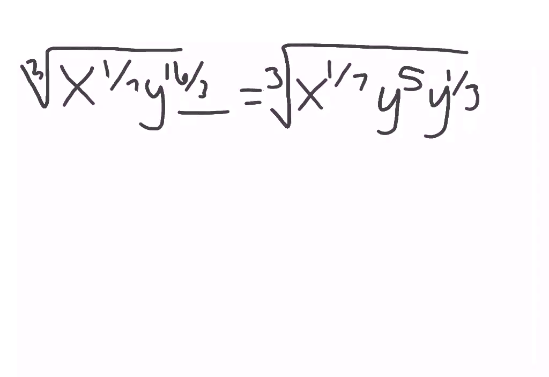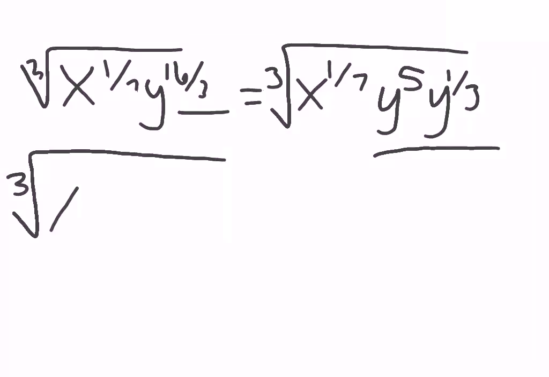Now that we have it in this form right here, we can go ahead and do as we normally would by pulling out what we need to pull out. So we have the third root of y to the 5th. Well, how many times does 3 go into 5? Let me break this down for you a little bit. It only goes in once, but we can rewrite this to make it more obvious.